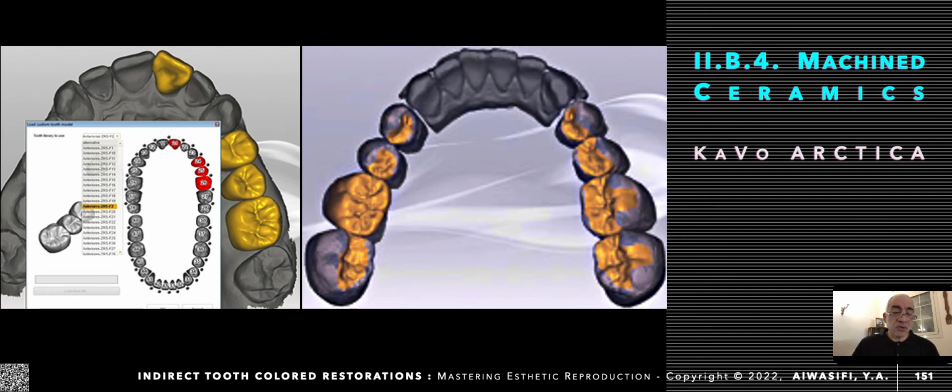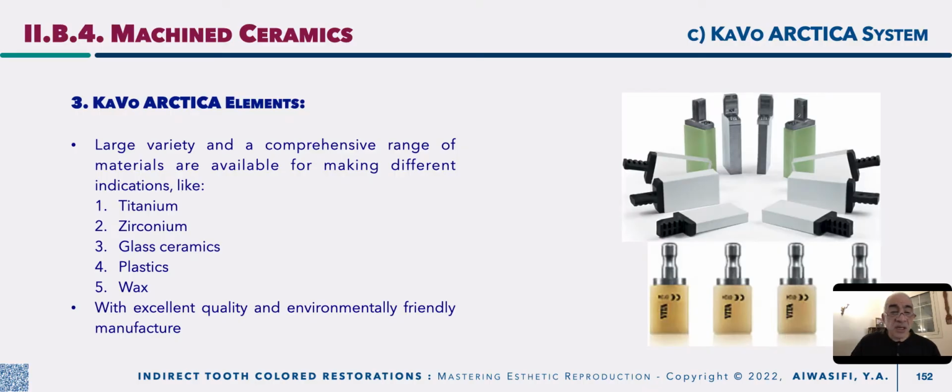All of these could be designed and constructed at the same time. Then comes the materials. You have great options to choose from, including titanium, zirconium, glass ceramics, plastics, even as a temporary, and wax.